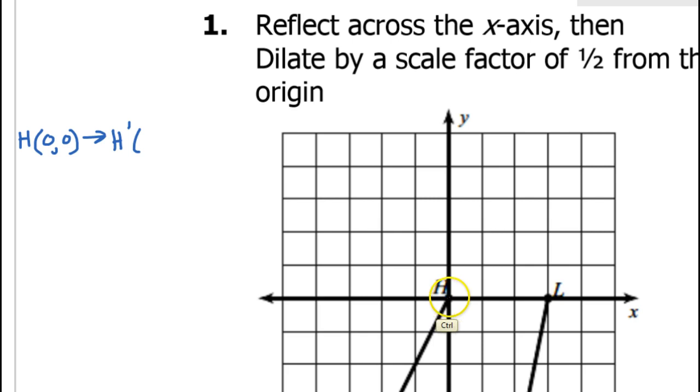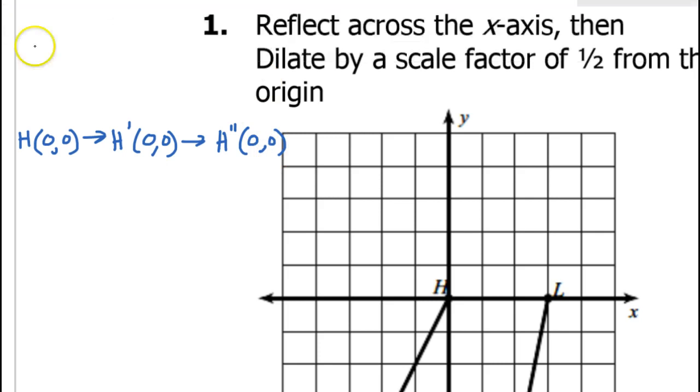Reflecting across the x-axis does not affect this point, so it's still going to be (0, 0). And then we have to dilate by a scale factor of 1/2 from the origin, and that's going to be H double prime. But taking half of each of these is still going to be (0, 0). So that's H double prime.